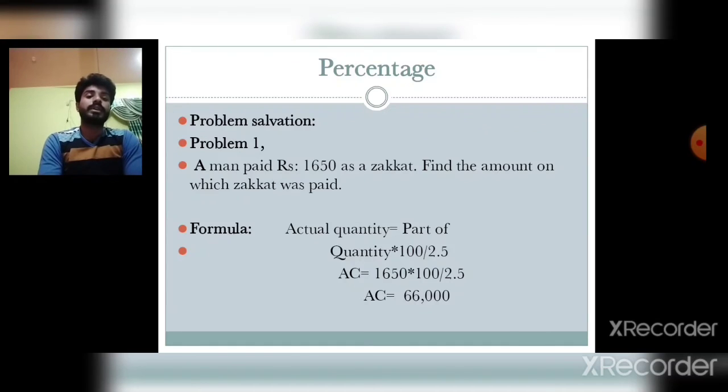Actual amount is equal to part of quantity, which is the zakat paid, 1650. We multiply it by 100 and divide by 2.5. The answer will be 66,000. Means we have paid 1650 rupees on the total amount of 66,000.